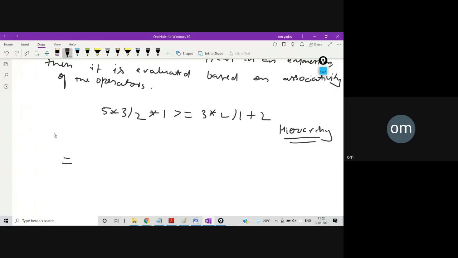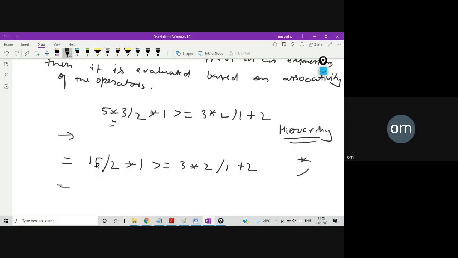So first operator it will come across is multiplication. So 5 into 3, 15 divided by 2 into 1 greater than or equal to 3 into 2 divided by 1 plus 2.